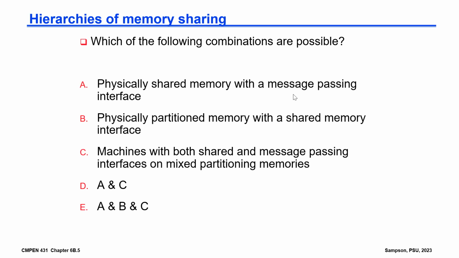All of these are actually possible, right? So I could build something where the physical structure is in fact shared and then enforce this as a programming model, right? So there's a library and a set of interfaces called MPI, the message passing interface.